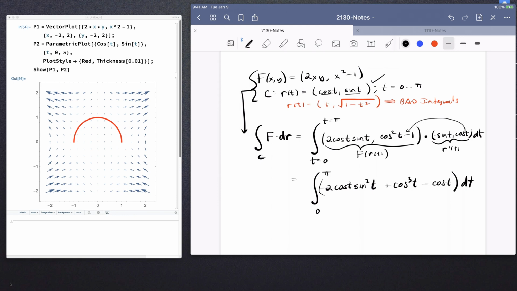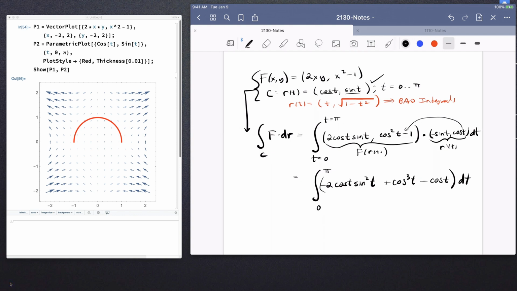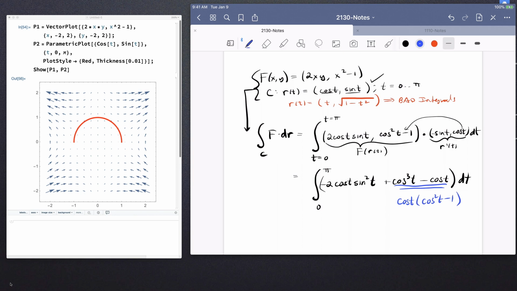So I'm going to pause for a second while I look at this integral. Alright, so after looking at this integral for a second, we can see that this is not the nicest integral to look at, but maybe there's some algebra that can be done to simplify this a little bit. And if you factor out a cosine of t, you'll get cosine squared of t minus 1.